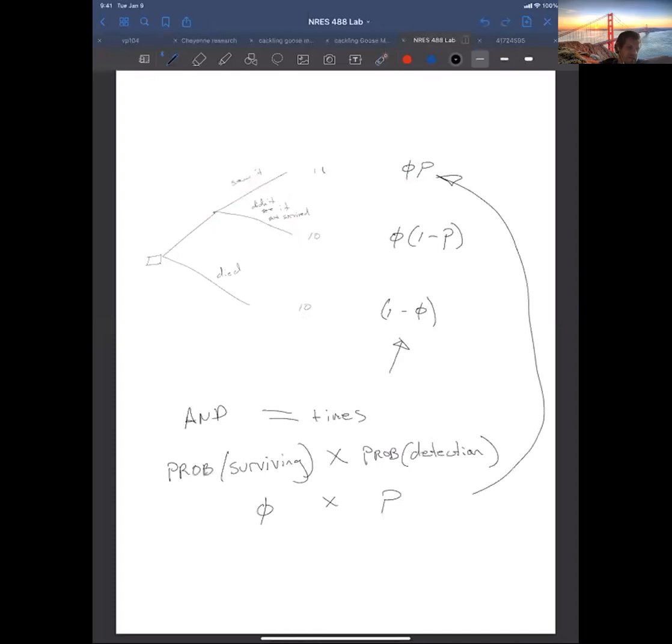Same thing with this case here: the probability of surviving and the probability of us not seeing it.